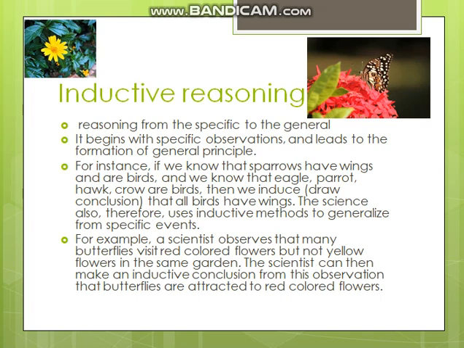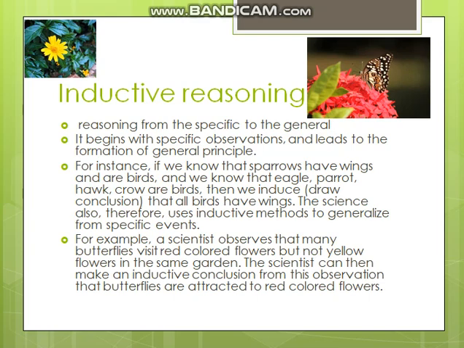Like, sparrows have wings. That means it's a bird. We can choose a lot of birds. Every bird we see has wings. That means all birds have wings. That's how we go from a specific statement to a general statement.